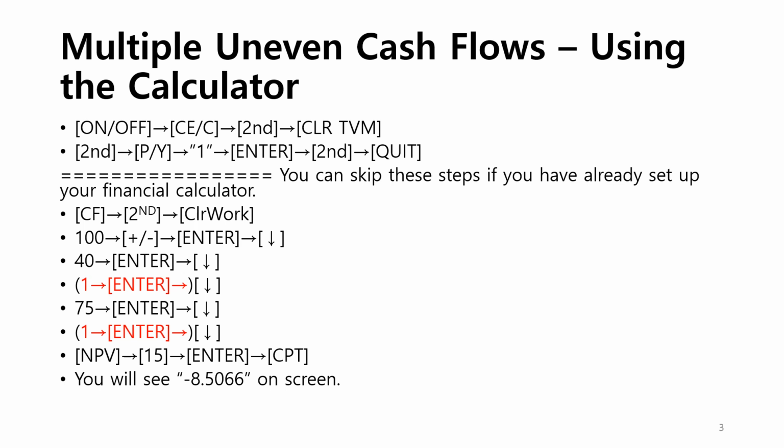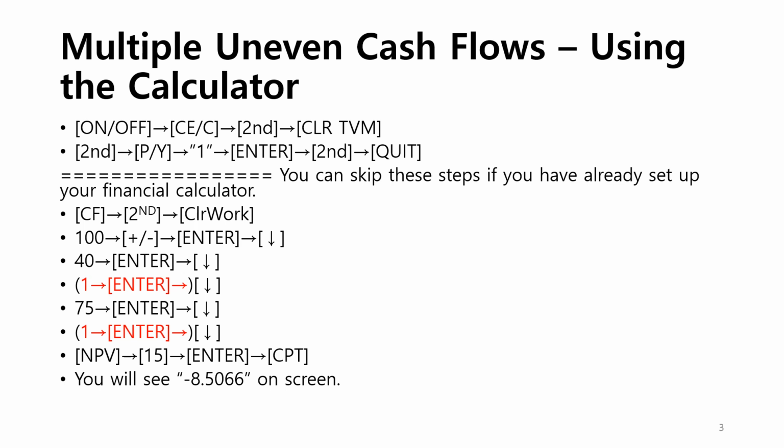Now press the down arrow key. The screen will change. Now CF1 is equal to blank will appear on the screen. Cash flow in period 1 is $40. That's from the problem, right? So type in 40 and press enter. This is what you do with a personal computer, right? You just type in some number and enter.